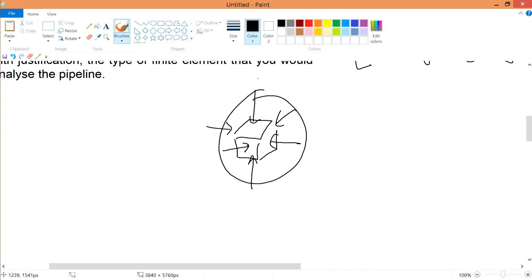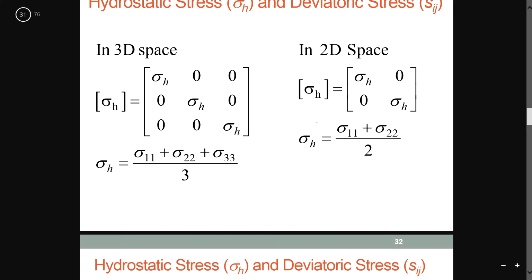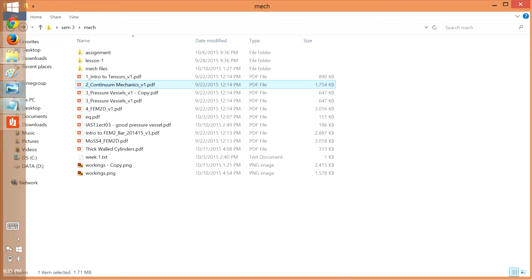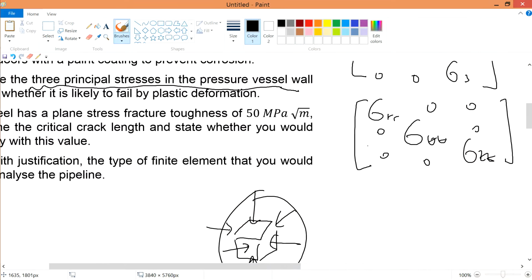This is actually your hydrostatic stress, just all the normal stresses. The hydrostatic stress will not cause your system to shear. Let's continue.